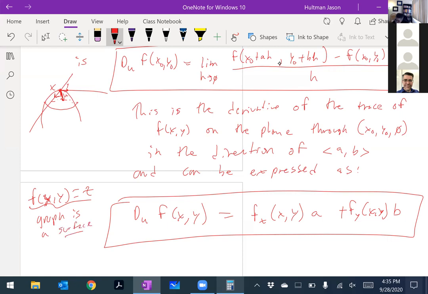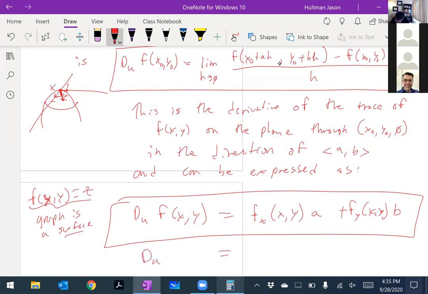So we're saying, in the direction of AB, how do we find our derivative? Well, just take your partial with x, take your partial with y, and then dot product that. Well, that's kind of interesting.